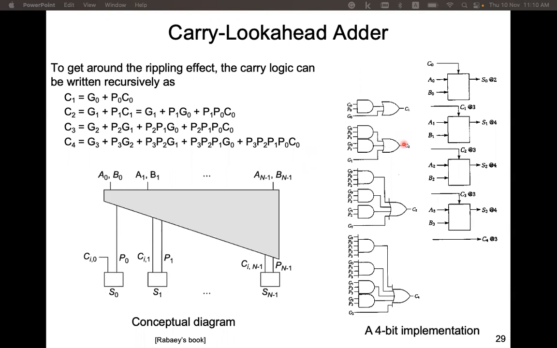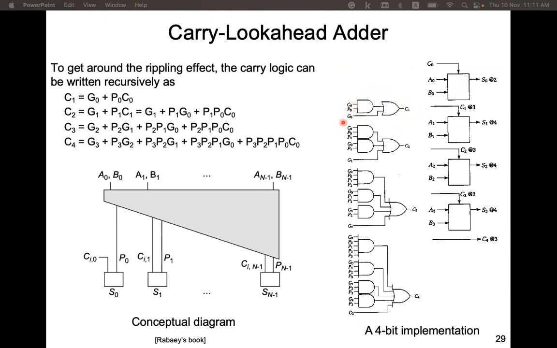Logically, we can build it in this way. This is the first full adder, the first bit. This is just a normal one. And then for the second bit adder, its input C1 is not connected to the carry out of the first adder. It's generated directly from a combinational logic block.